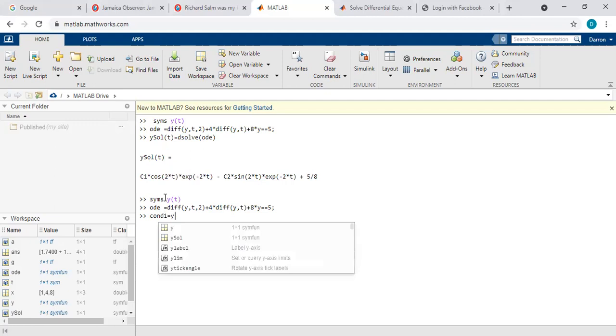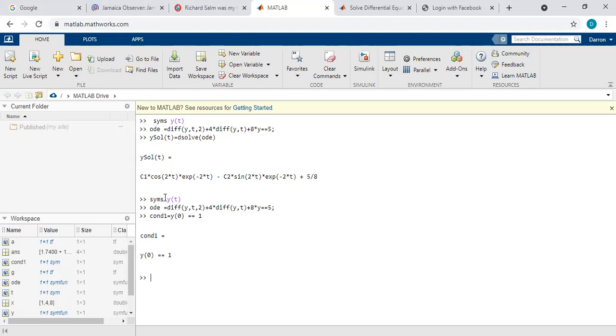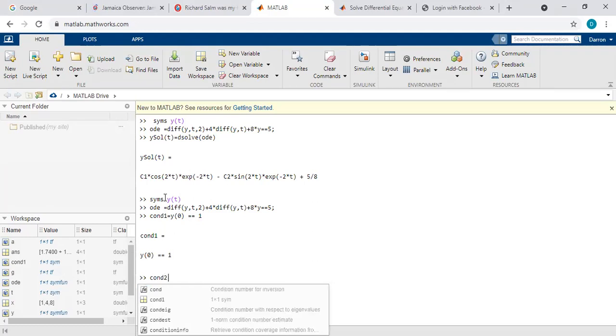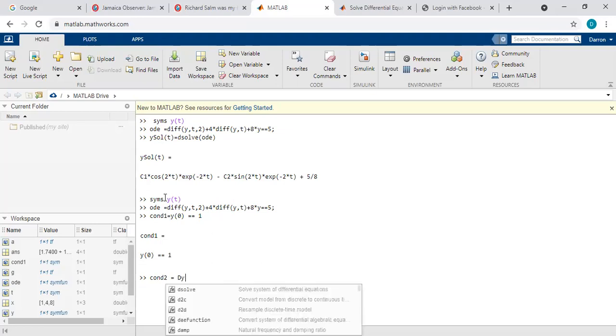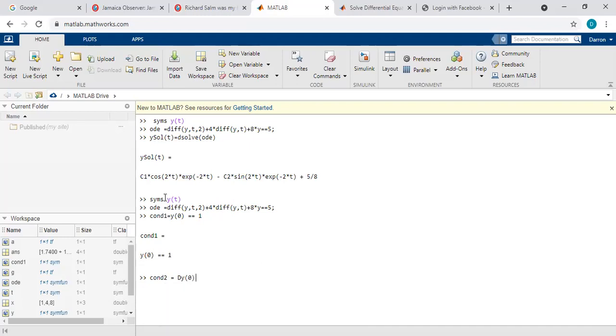That's y of 0 is equal to 1. Condition 2: the derivative with respect to y of 0. I'm just putting in some arbitrary conditions, is equal to 1.